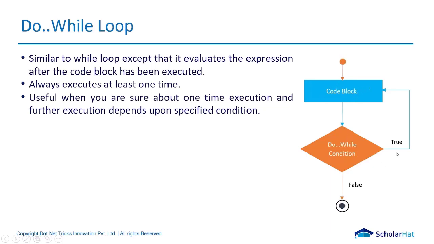After that the condition will be checked, and if it doesn't satisfy, it will not execute again, but the first time it will execute for sure. So it is useful when you are sure that the code block should execute at least once. That time we use a do while loop.